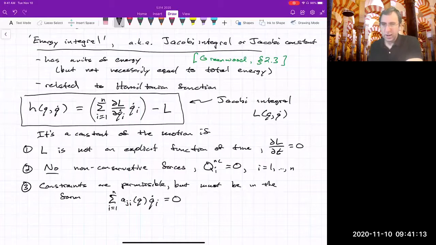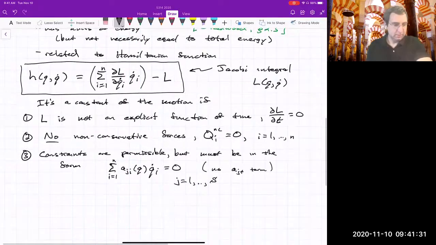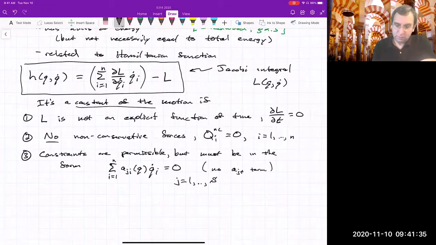So notice there's no a_jt term, or it's equal to 0. And this j goes from 1 to the number of constraints. So you can have constraints, but they have to be of this form. And if you have that, then it's a constant of motion.